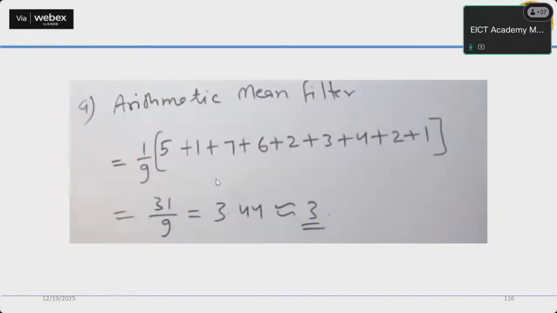Yes, so this is the arithmetic mean filter.